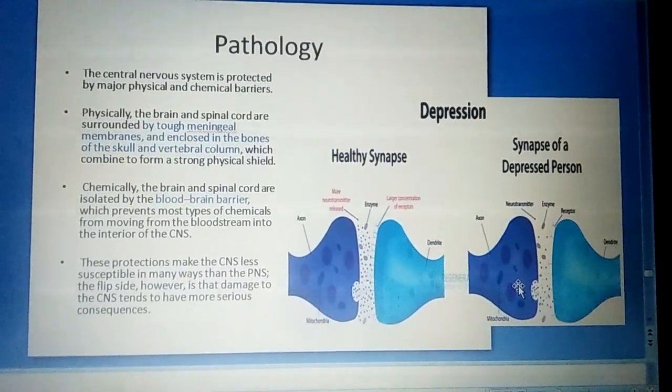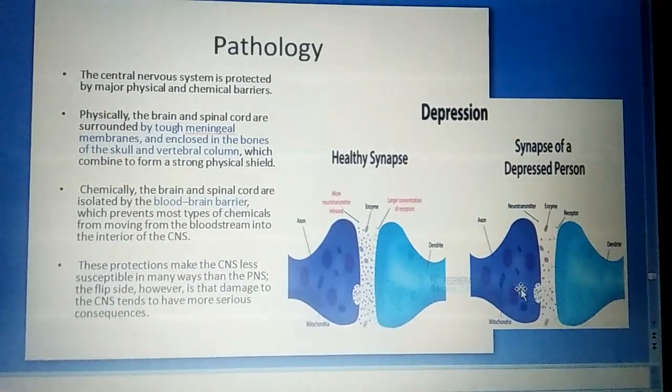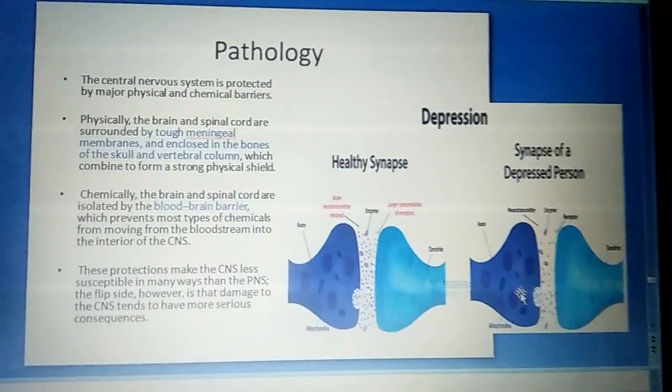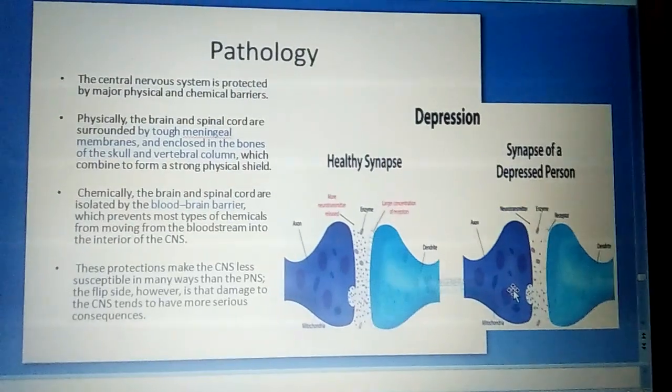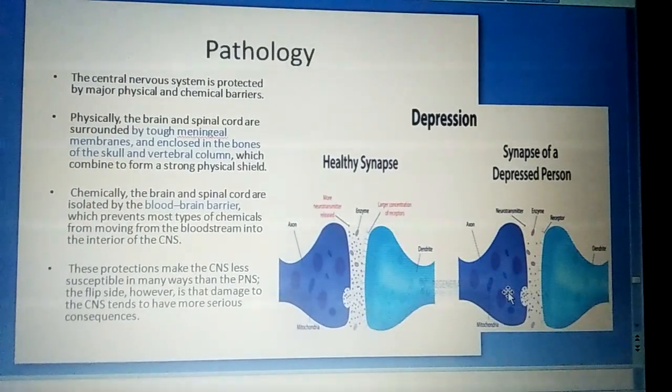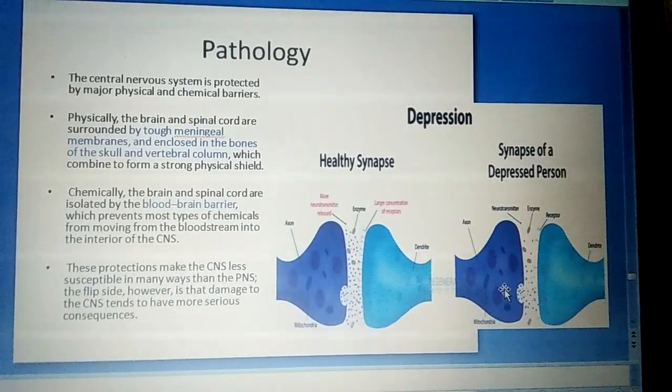In pathology, the central nervous system is protected by major physical and chemical barriers. So these protections make the central nervous system less susceptible in many ways than the peripheral nervous system.